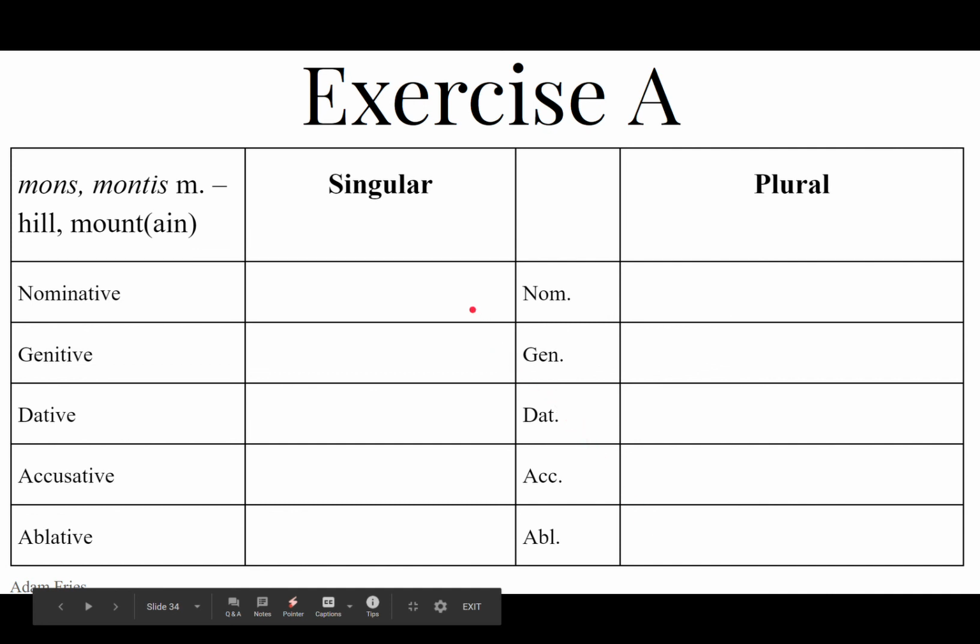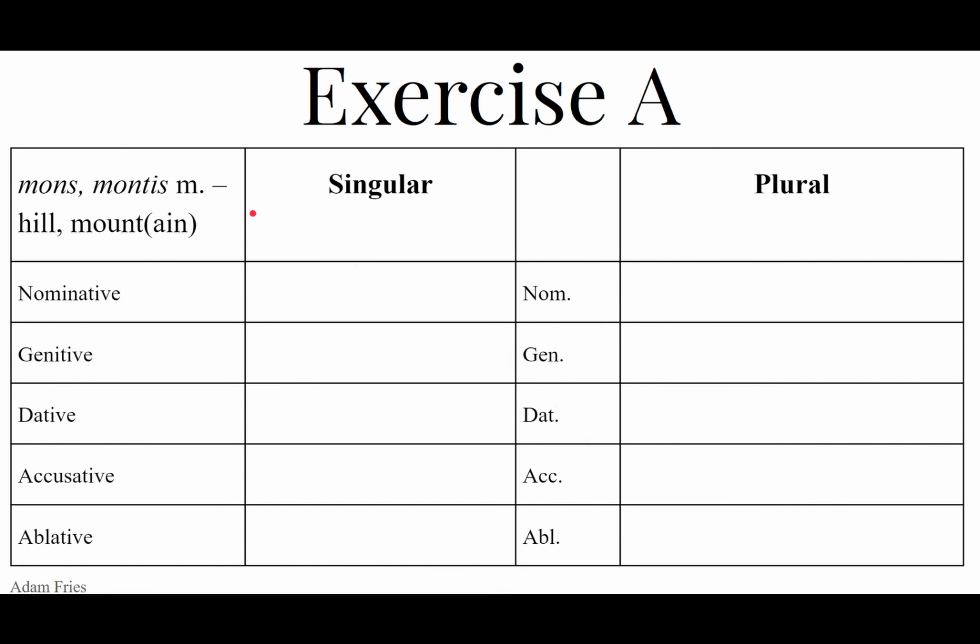Is it an I stem? Well, like gens, it is. It actually follows two rules. Its stem ends in nt, like gens, gentis. That makes it an I stem, where the genitive plural will end in ium, gentium.